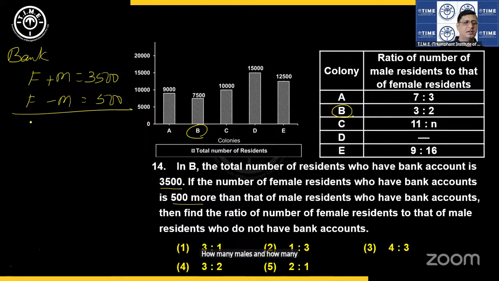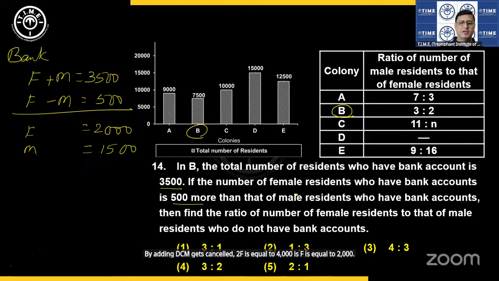Simplify here. Solving this, F is equal to 2,000 and M is equal to 1,500. By adding these, M gets cancelled. 2F is equal to 4,000, F is equal to 2,000 females who have a bank account and males 1,500.